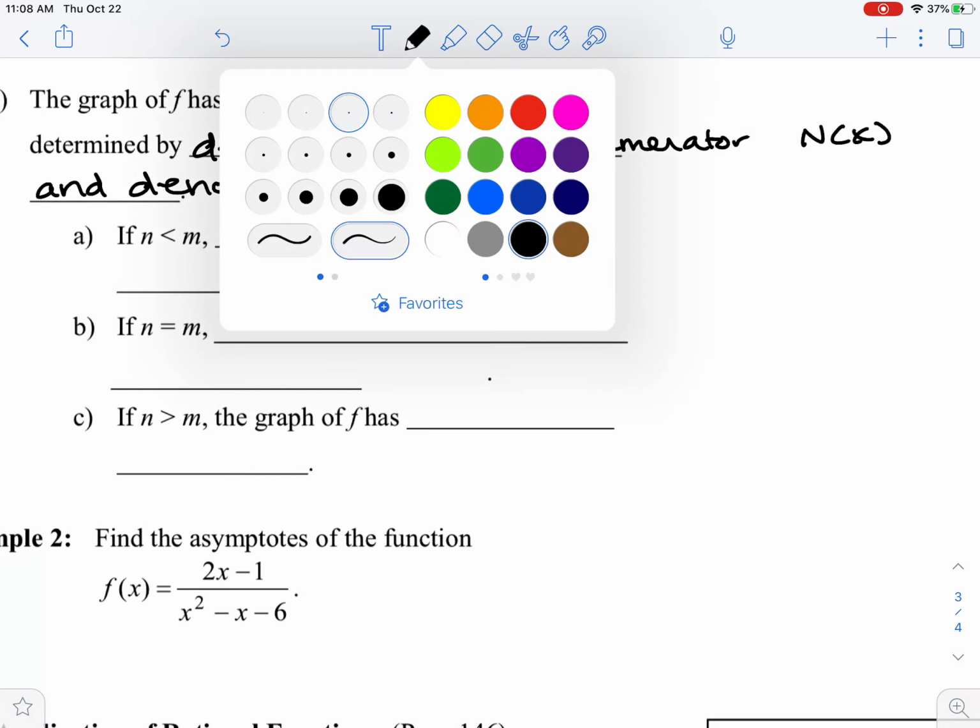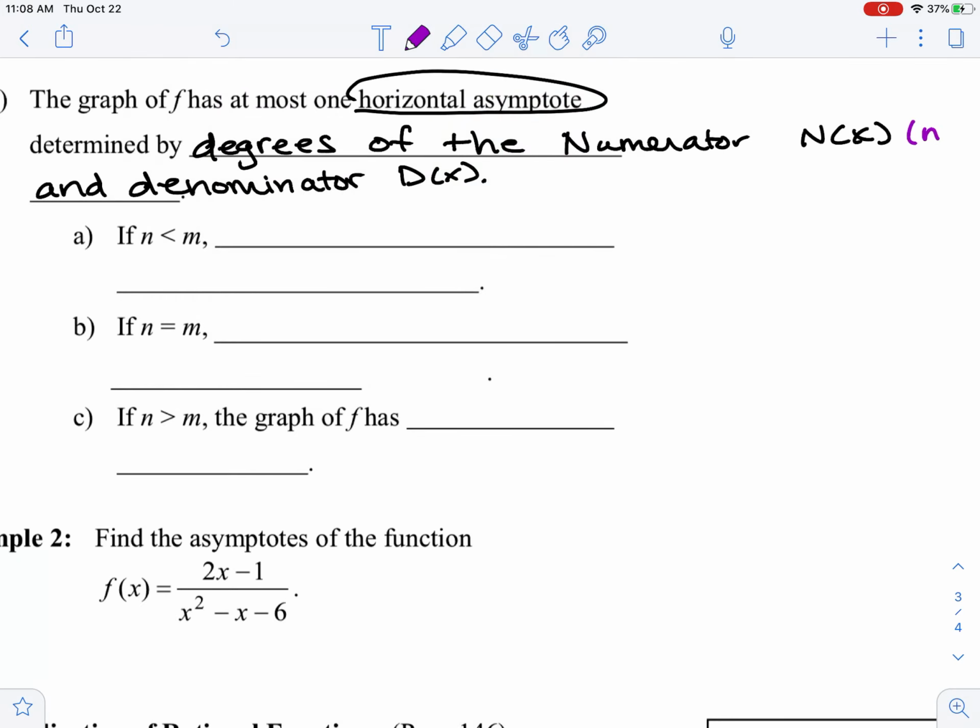Remember that the degree of the numerator we call n, and the degree of the denominator we call m. If the degree of the numerator is less than the degree of the denominator, then the horizontal asymptote is at y equals 0.